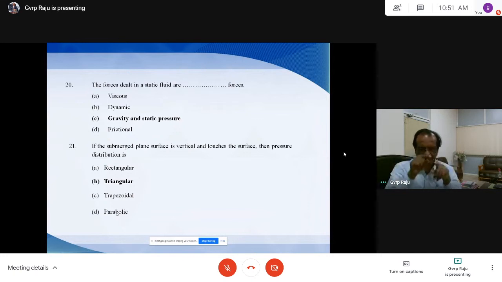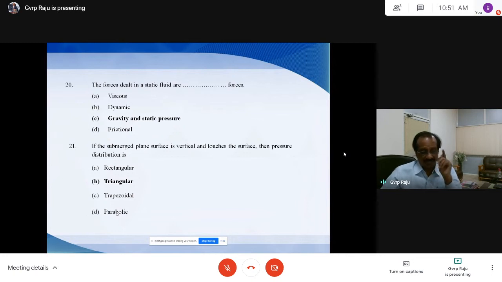Top of any vertical plane surface touches the water surface, then pressure distribution is... When the top is touching, that is 0. Top is 0, and the pressure distribution here is WH for any depth. Basically, there is a triangular distribution. No rectangle, no trapezoid, no parabola.